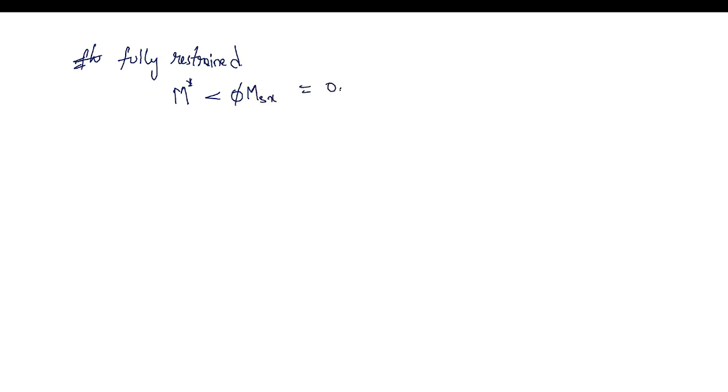So that is nothing but 0.9 times 339.2, which gives me 305.2 kilonewton meter. And we already know that this is my M star.